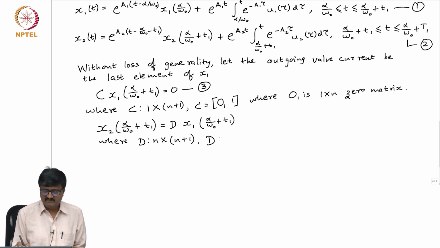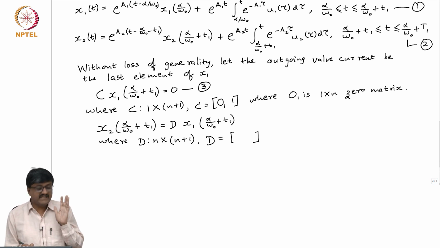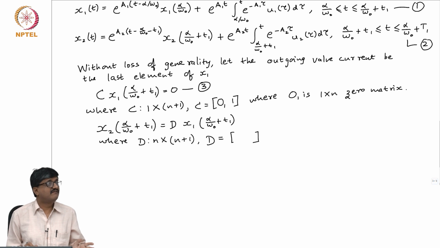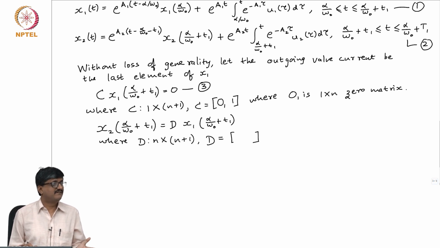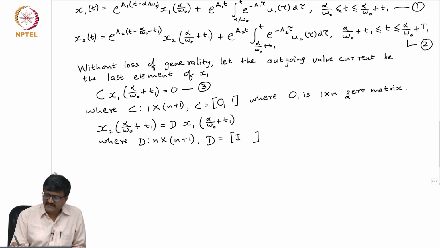And what should D be? What are the possible values for the elements of D? Diagonal 1, rest all 0. So, can I say that it is an identity matrix? I will call this identity matrix I1.